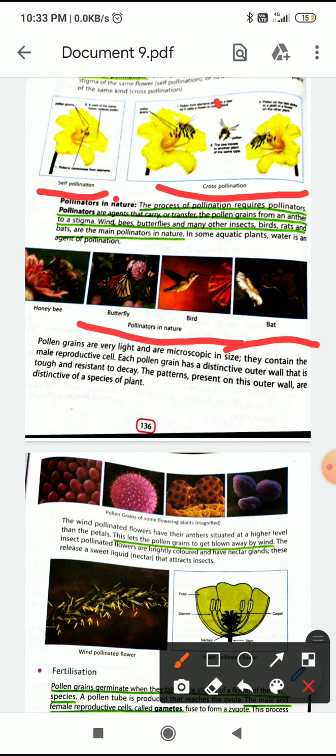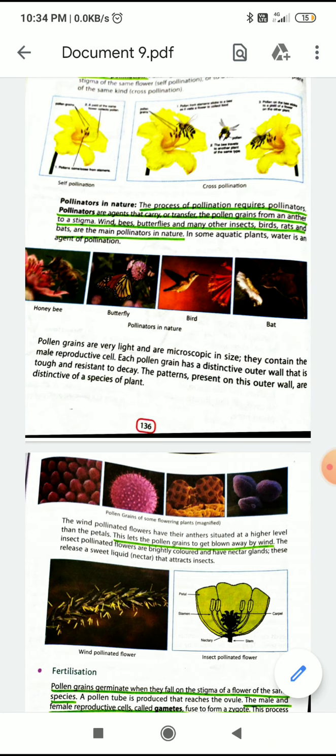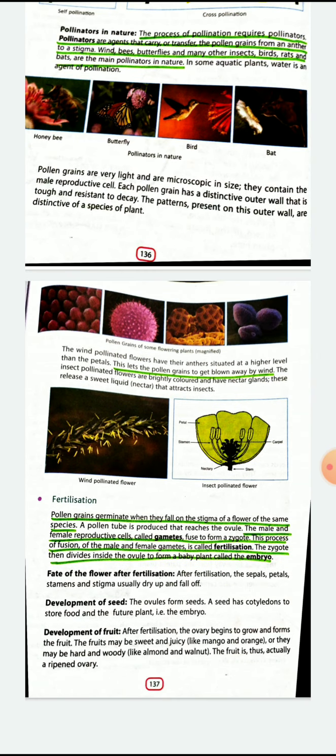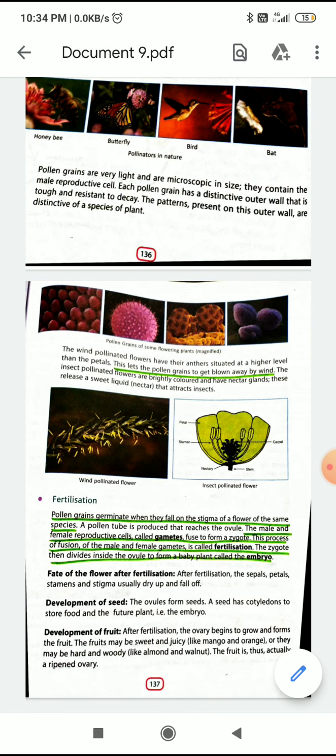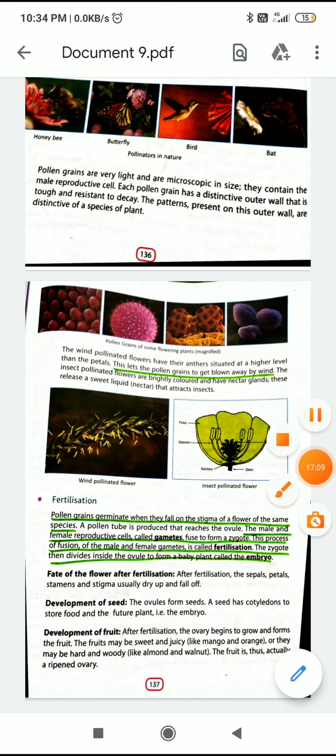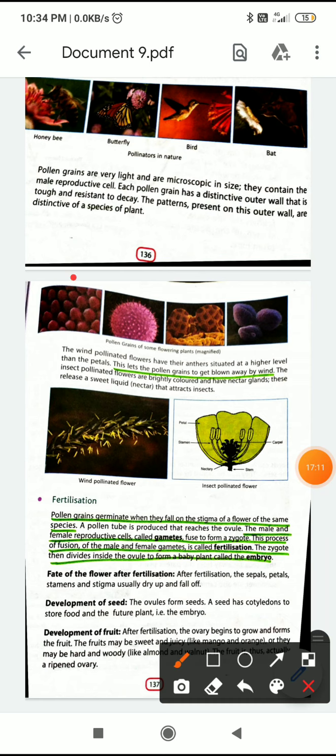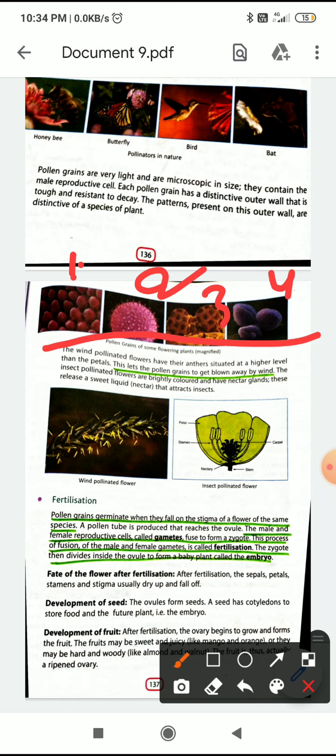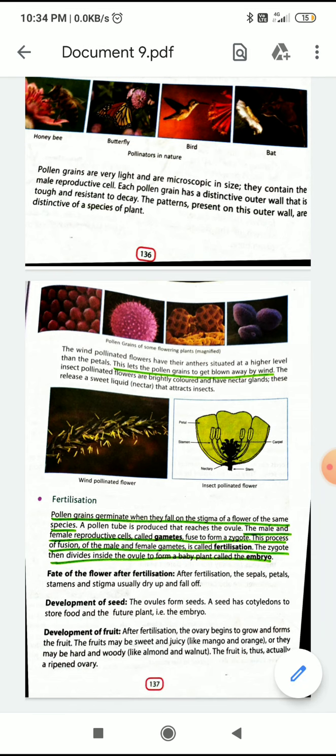Then you draw one by one, 1, 2, 3, 4, and write the names. Like that, also draw the pictures of pollen grains of flowering plants. These are the different shapes, 1, 2, 3 and 4. These 4 types of pollen you must draw in your notebook.